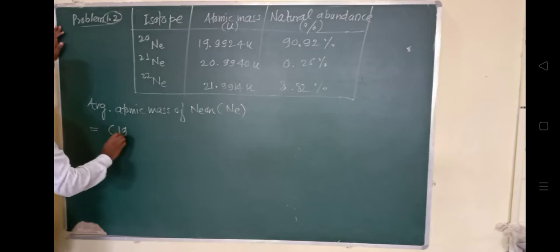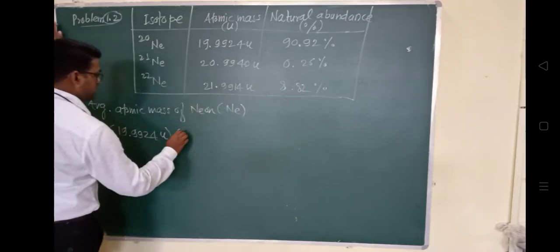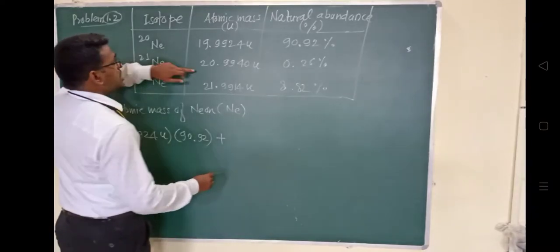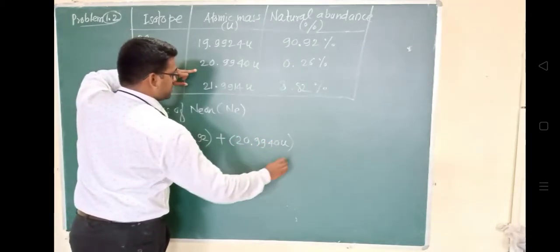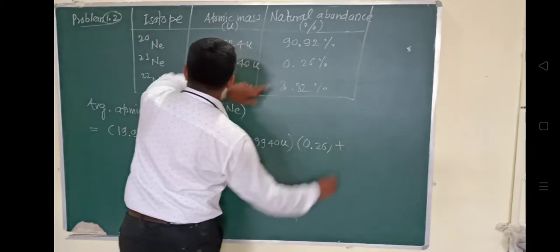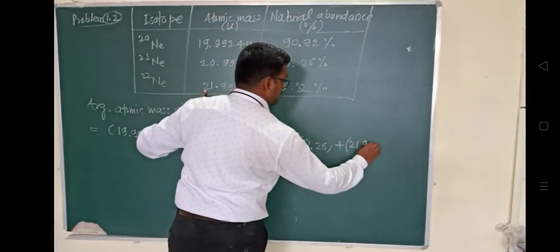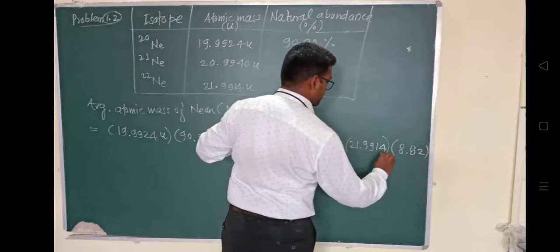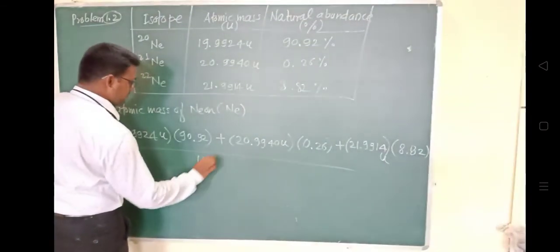For neon 20, its atomic mass is 19.9924 unified mass, multiplied by its natural abundance of 90.92 percent, plus for neon 21 its atomic mass is 20.9940 unified mass, multiplied by its natural abundance of 0.26 percent, plus for neon 22 the atomic mass is 21.9914 multiplied by 8.82, all divided by 100, because it is out of 100.